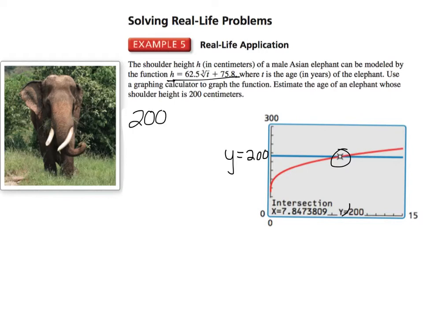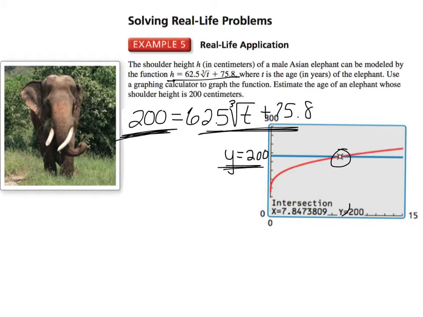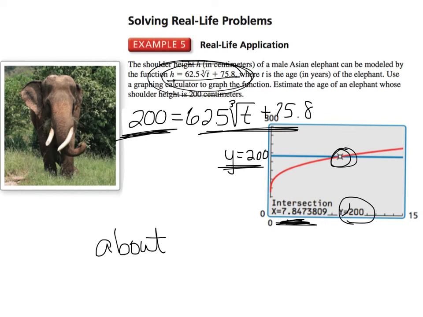That would mean I'd plug in 200 for h, and I get this. Remember, when you graph, you can take this and set it equal to y, and take this and set it equal to y, and graph both of them, and find the point of intersection. You could have also just graphed this and moved your cursor and saw when your y value is over 200. So as you can see, estimate the age of the elephant. Well, the average age of an elephant is between 7 and 8 years old. That'd be fine. Or you can say about 8 years old.